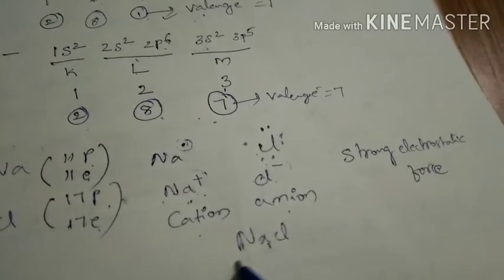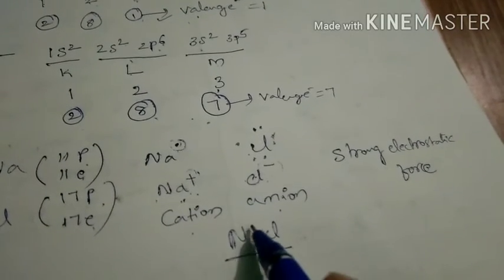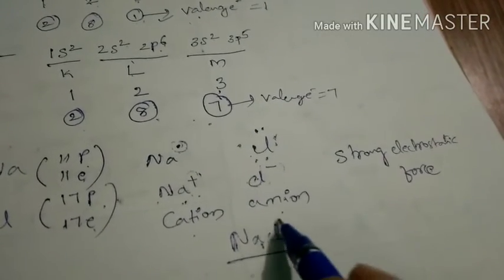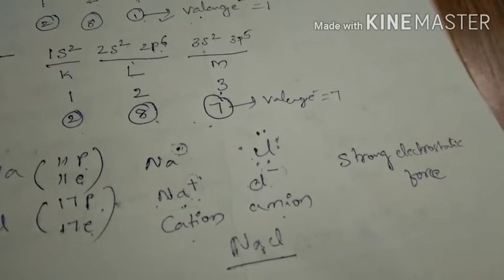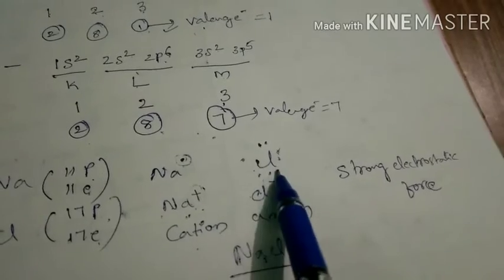So this is sodium chloride. In this sodium chloride, sodium is the cation and chlorine is the anion. Like that, sodium chloride will be formed from sodium atom and chlorine atom.